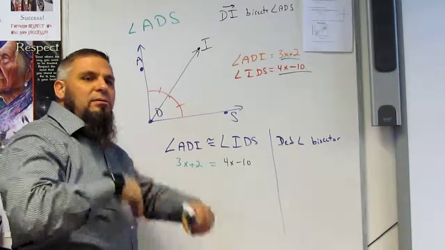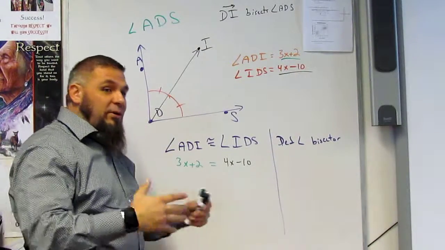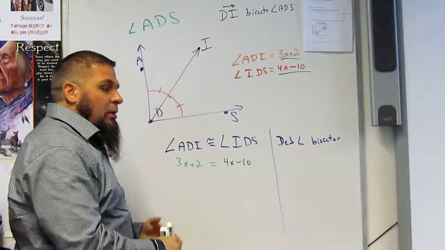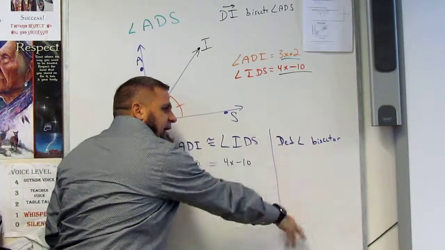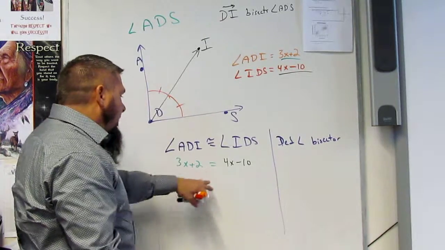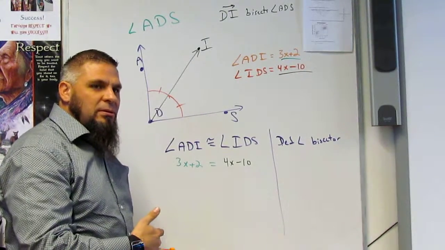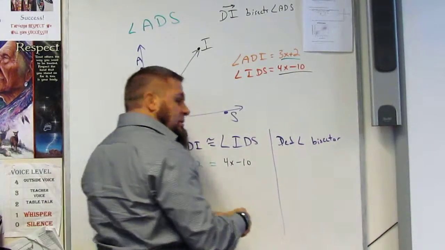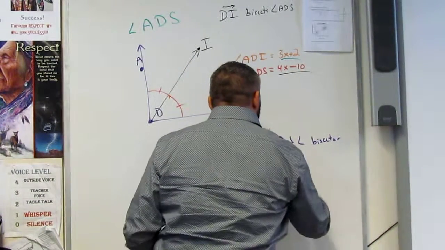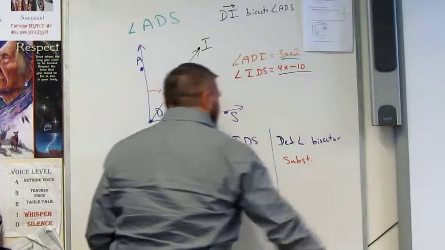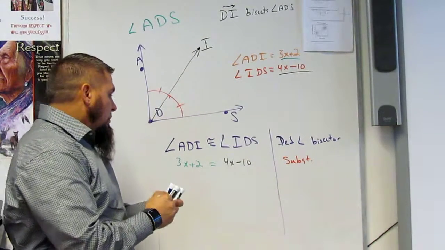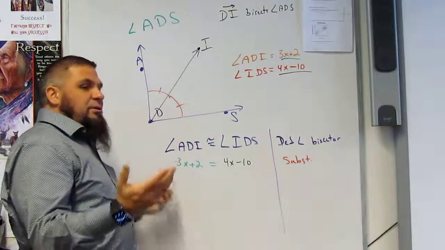But for right now, I'm not worried about doing a perfect proof. We're just doing small and getting ready to do proofs. So what did I do here? I plugged it in, right? What's that called? Substitution. Yeah, substitution.